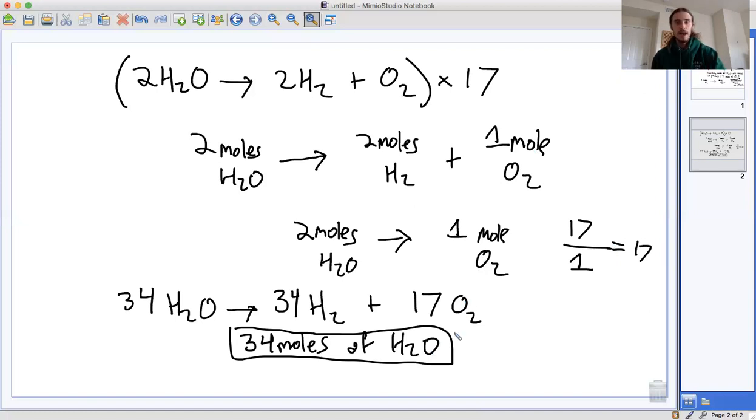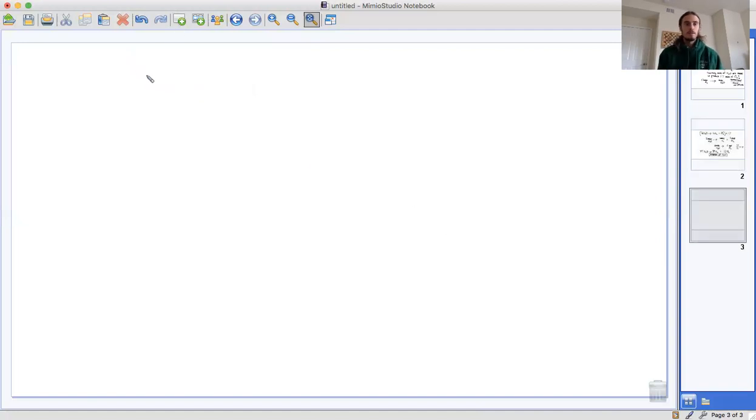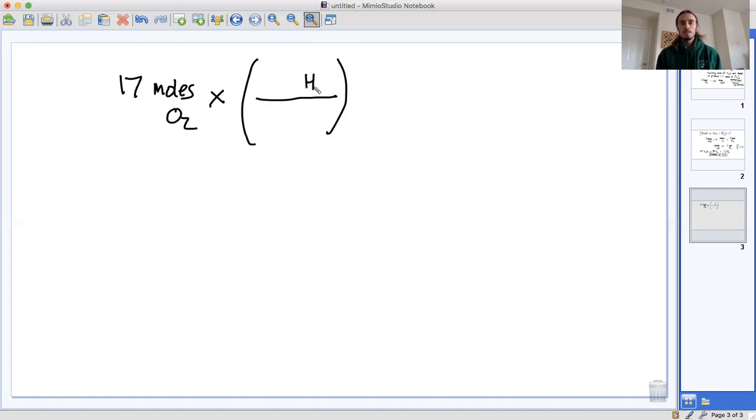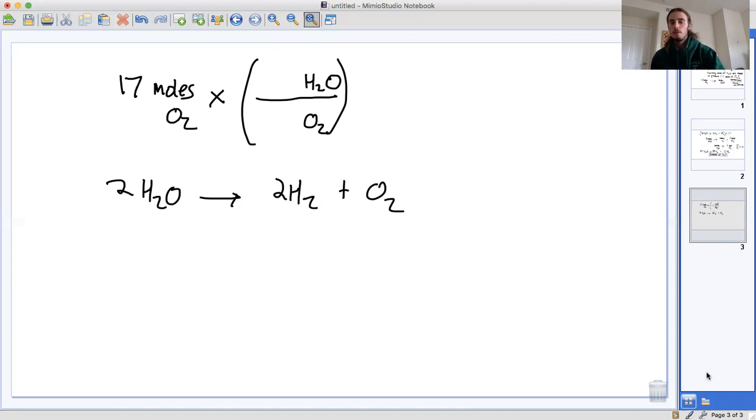Now, to see the conversion factor for that, 17 moles of O2 is what we're starting with. The conversion factor is going to be a ratio of what we want, the amount of water, to what we're starting with. And for a mole-to-mole problem, that conversion factor is the coefficients. So if I look at the equation one more time, my coefficient for water is 2.